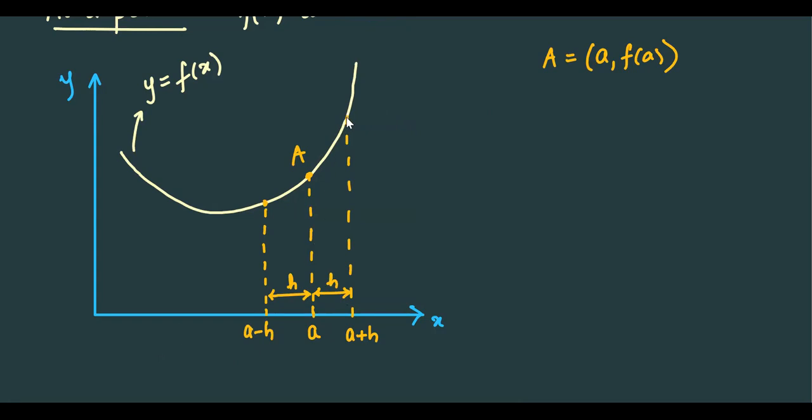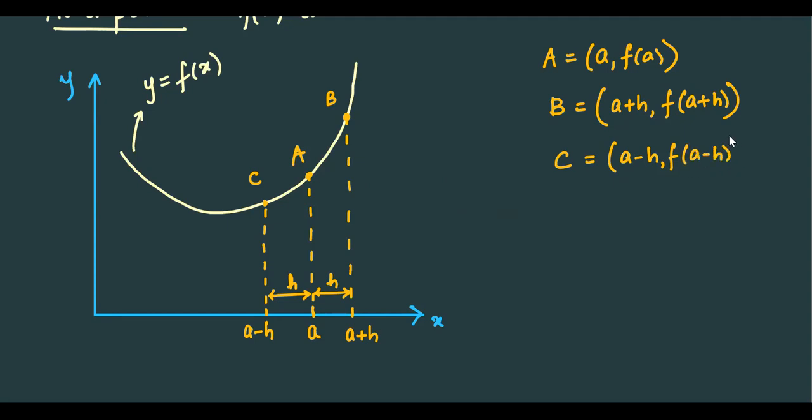Now this point, let it be B, and this point, let it be C. So what will be the coordinates of B? (a plus h, f of a plus h). What will be the coordinates of C? (a minus h, f of a minus h). Now, what I do, I'll draw a line such that it passes through A and B.